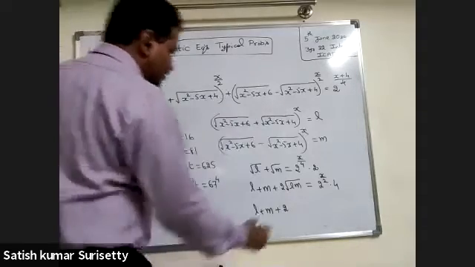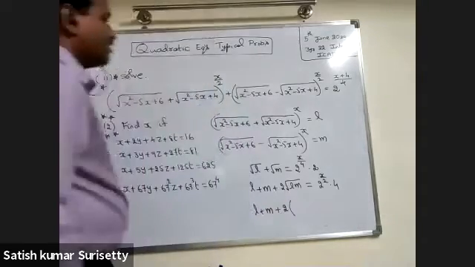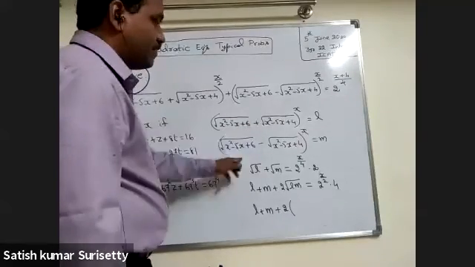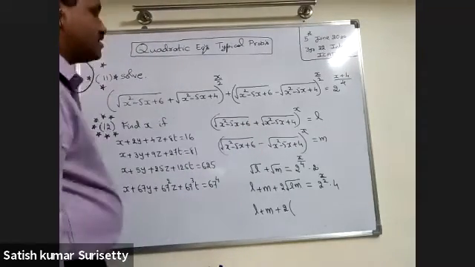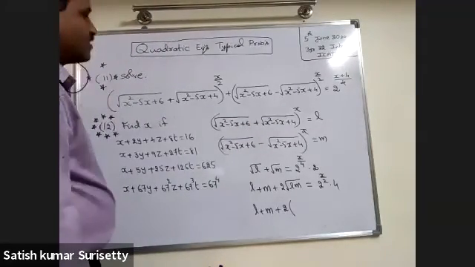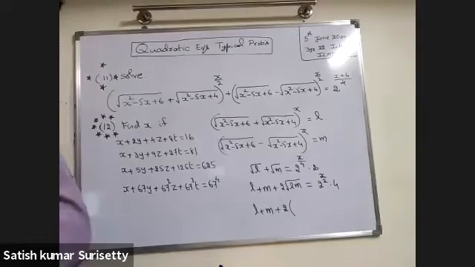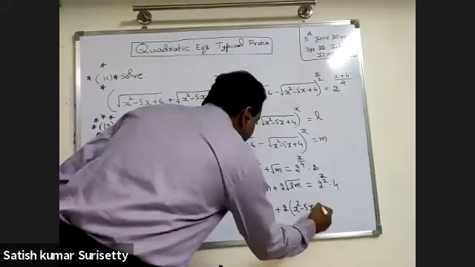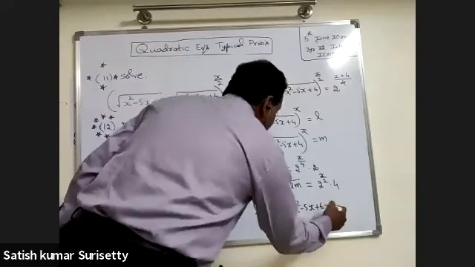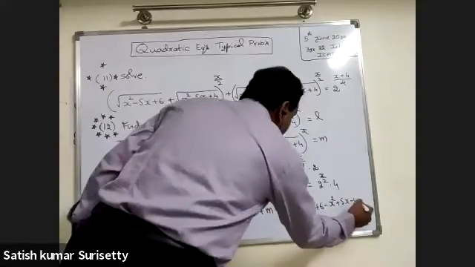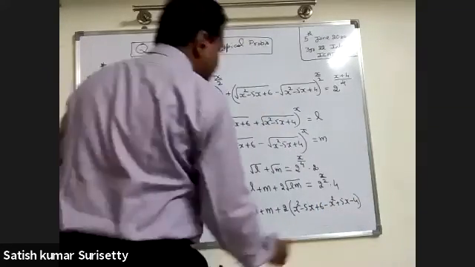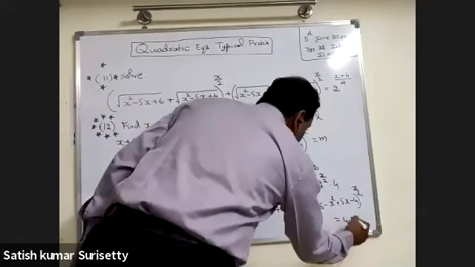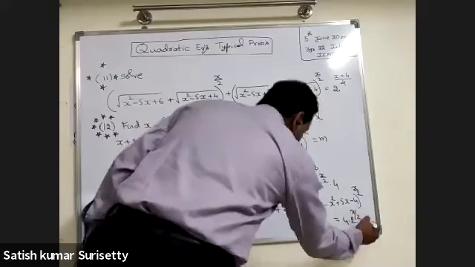So what will this product be? Inside, it is in the form of a plus b into a minus b, so a square minus b square. So what will a square minus b square be? x square minus 5x plus 6 minus x square plus 5x minus 4, to the power of x by 2, equal to 4 into 2 to the power of x by 2.